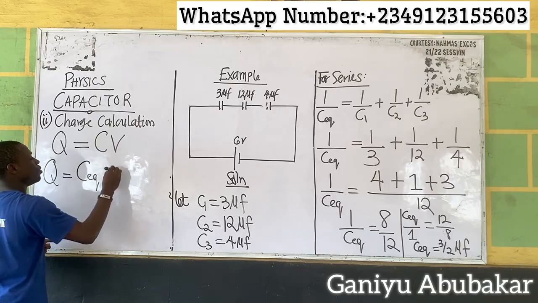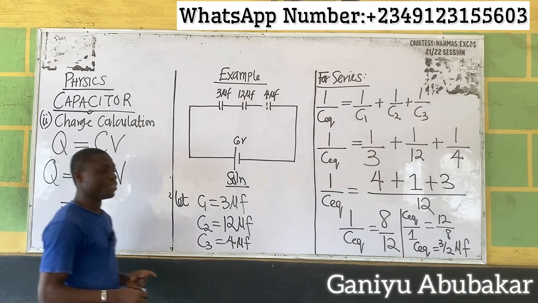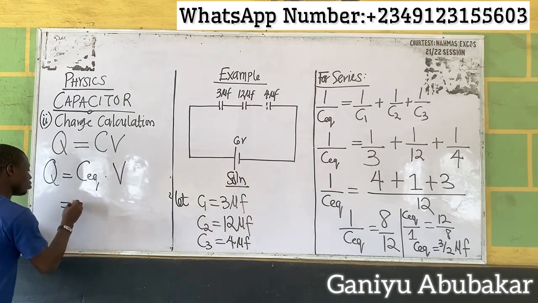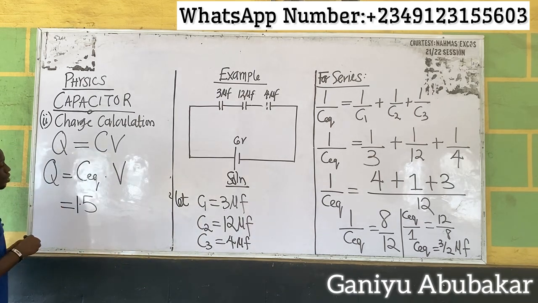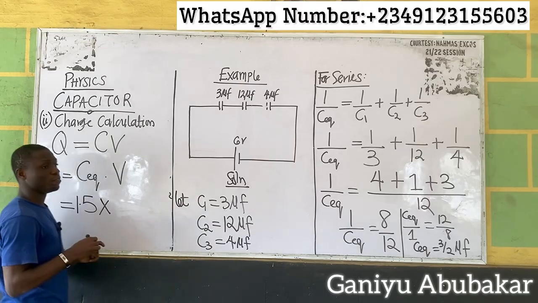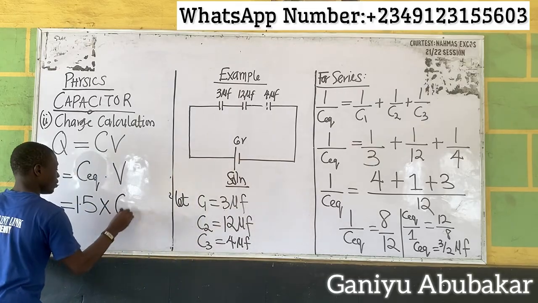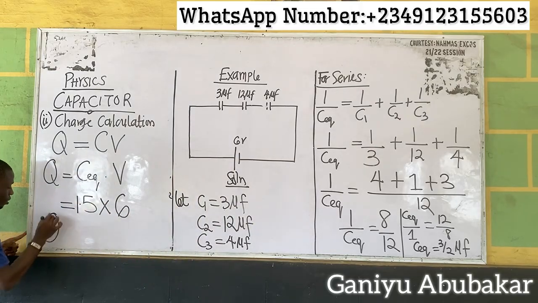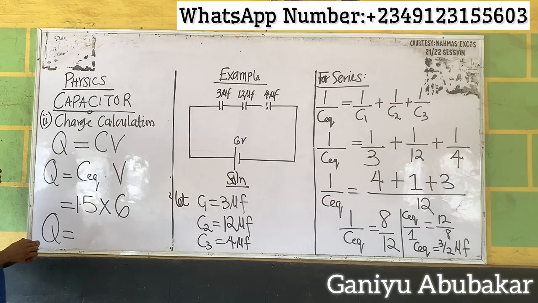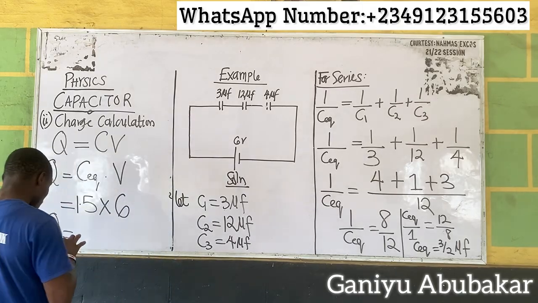CEQ dot V, where V is the potential difference. This is now equal to CEQ, which is 1.5 microfarad, times my V, my potential difference.